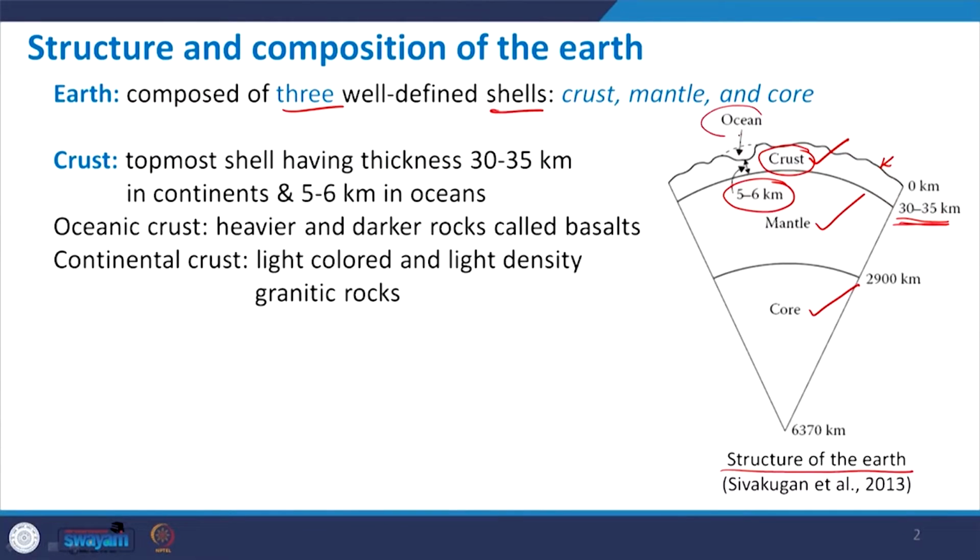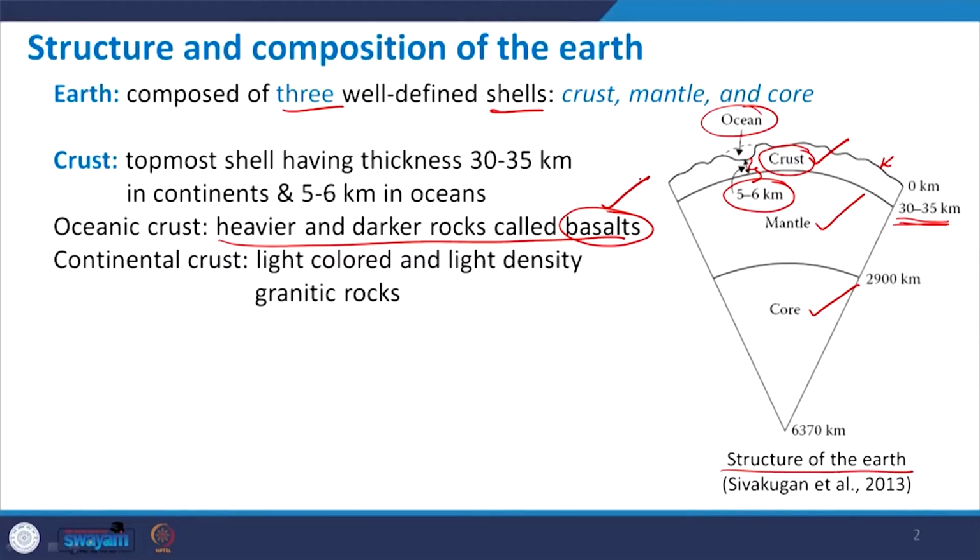Now wherever there is ocean, the thickness of this crust is less, that is 5 to 6 kilometers, and mostly in this part what you get is heavier and darker rocks called basalts. We will come to this one by one.